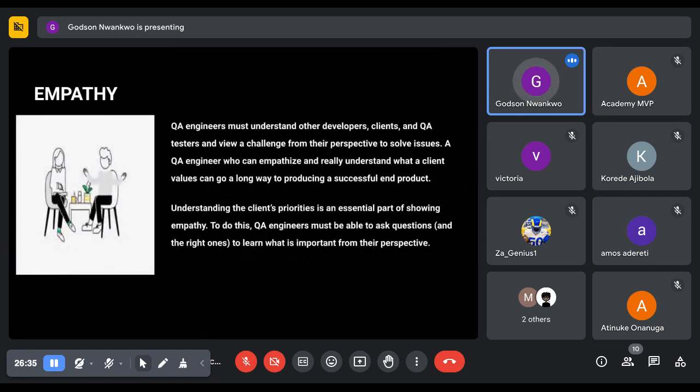A QA engineer has to be empathetic, having a sense of empathy among the team and among the stakeholders. How do I mean? I will use a practical example for us to understand it.